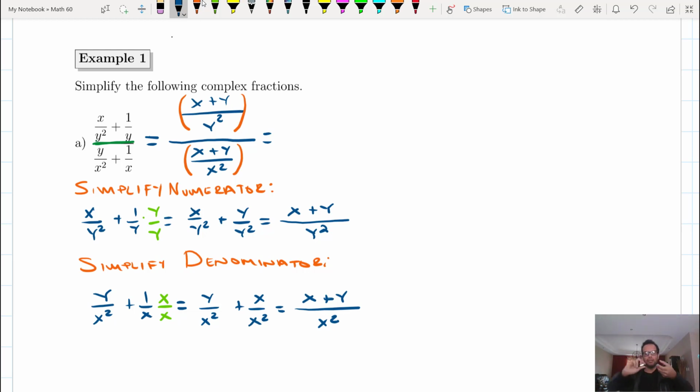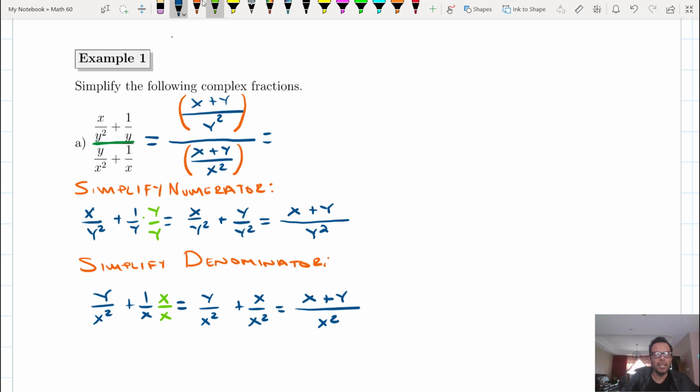And then we multiply by the reciprocal of the second fraction, or you might remember the KFC rule, right? So in this case, no need to write it as a division, right? We can just go ahead and multiply by the reciprocal of the denominator, which is really finding the reciprocal, right?